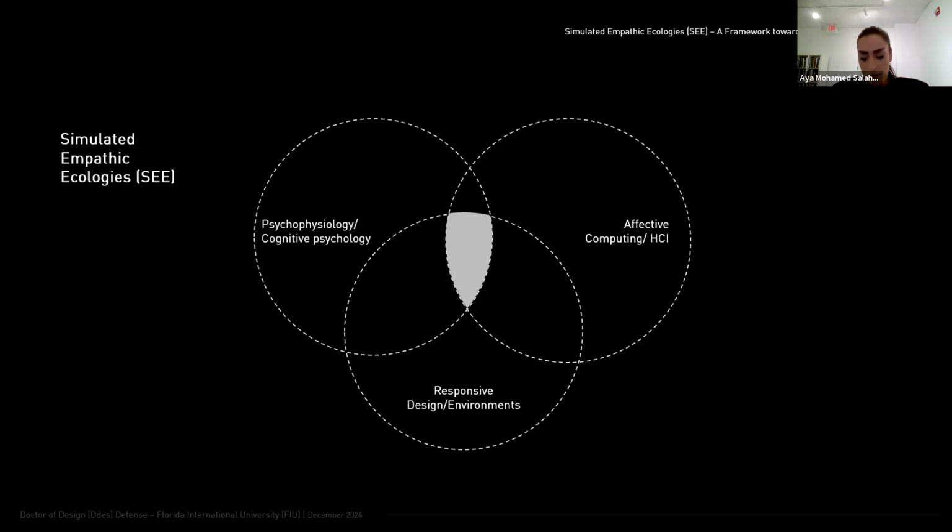So I was looking to synthesize a framework that would lead to creating environments that resonate with the full spectrum of the human experience: the physical, the emotional, and the social.